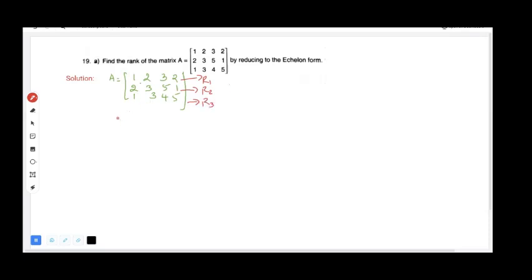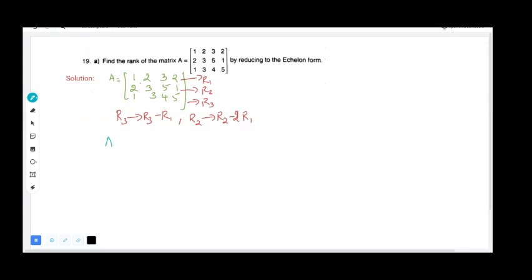So here we will be solving for R3 equals R3 minus R1. Then we will take R2 equals R2 minus 2R1. So here we have R3 minus R1.